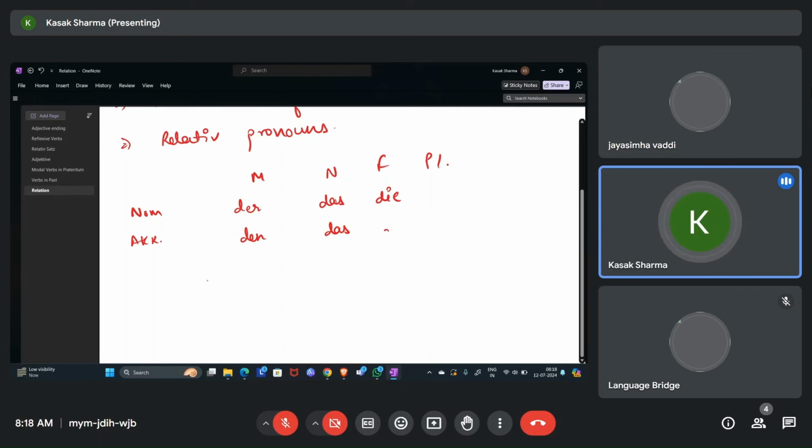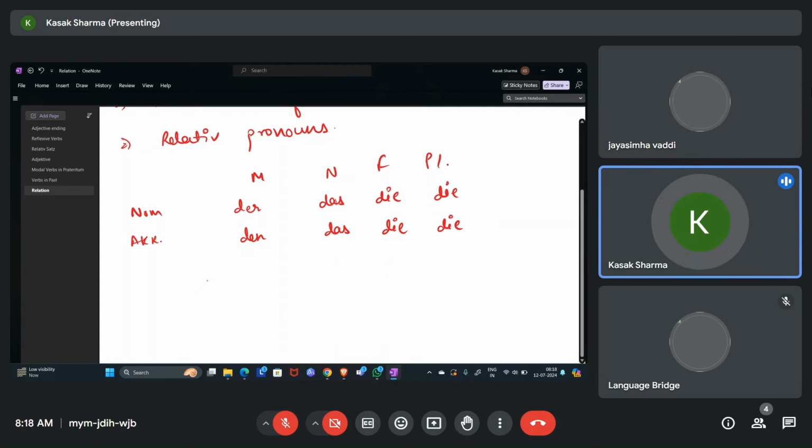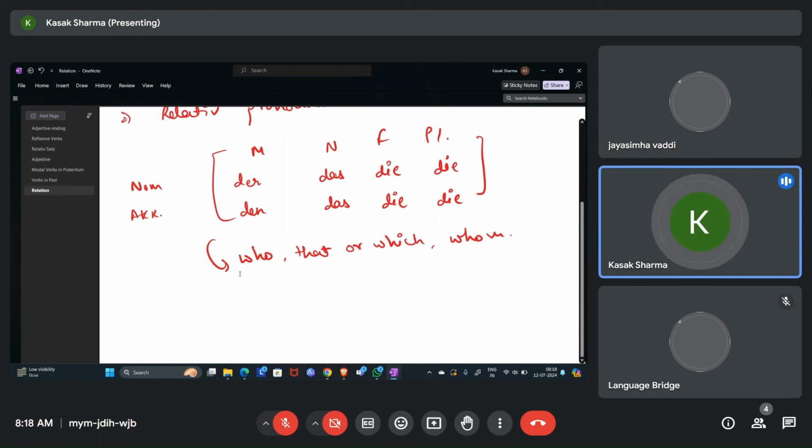It is not the simple "the" of our bestimmt article; here the der and the stable relative means, if in English we have a relative as in who, that, which, whom.